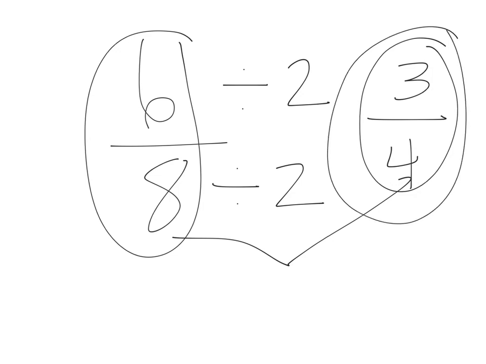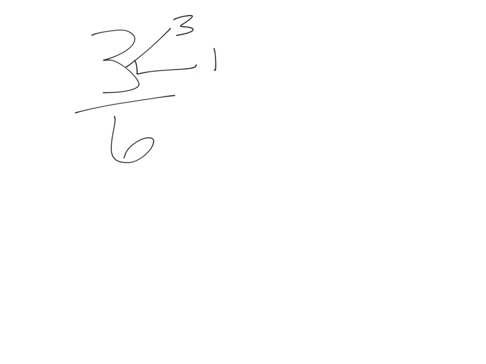The next fraction that I had written was 3/6. Some of you can look at this fraction and automatically tell me what it is in simplest form, but we're going to go ahead and work it out. So we know that 3's factors are 3 and 1, and 6's factors are 3, 2, 6, and 1.